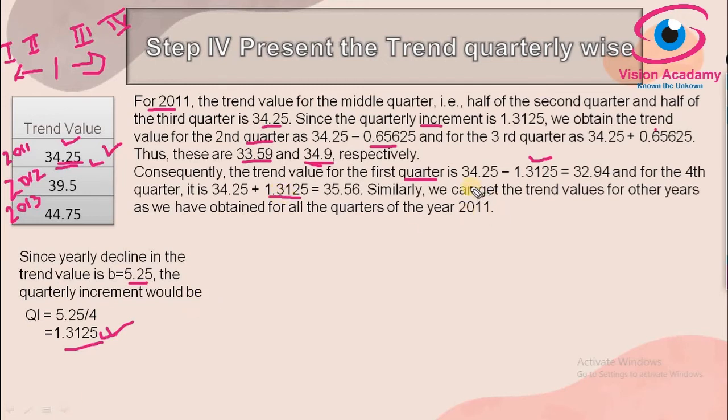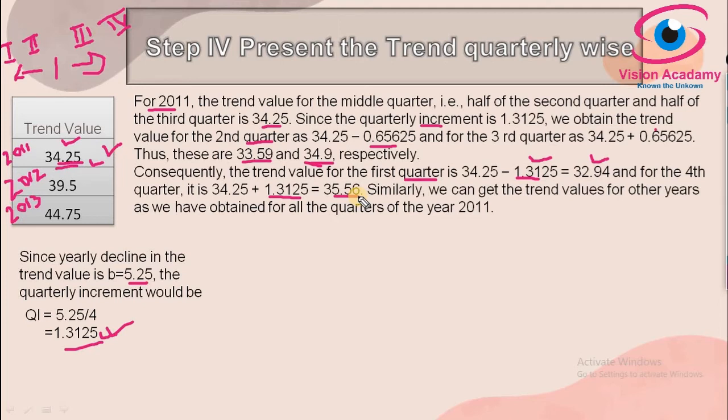For the third quarter we added half. So for the first quarter, 34.25 minus the full quarterly increment 1.3125 is 32.94, and for the fourth quarter, 34.25 plus 1.3125 is 35.56. So this is an example for 2011.